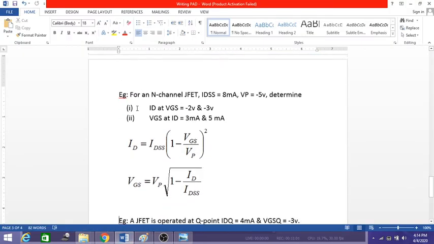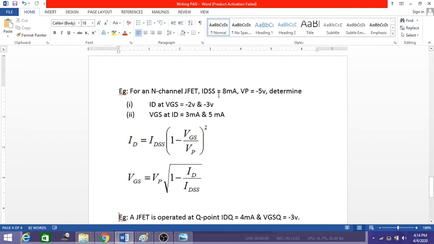So here there is an example. For n-channel JFET, IDSS is equal to 8 milliamperes and VP is equal to minus 5 volts. We have to find the ID for two different values of VGS. To find the first sub question, we'll use the first equation, that is ID is equal to IDSS of 1 minus VGS by VP whole square.